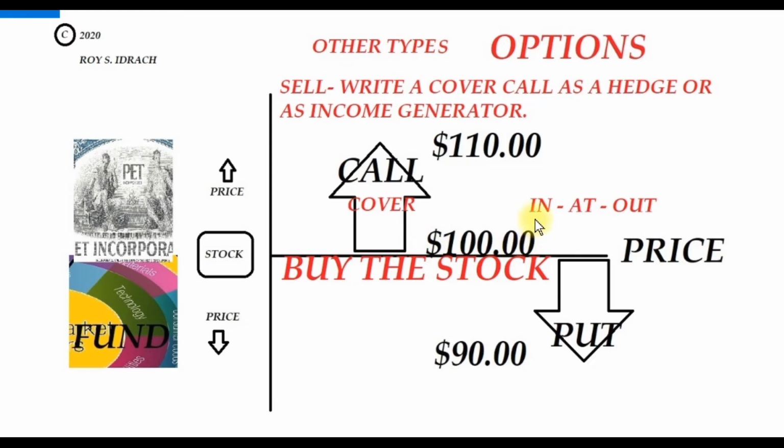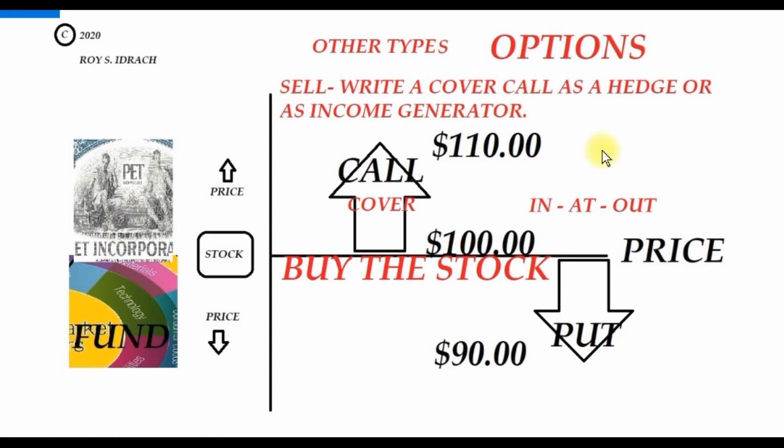I paid $100, but I can sell a call at 110, and when the price reaches 110, I'm going to make $10. So I'm going to make $1,000 on 100 shares, plus the premium that they pay you for that.